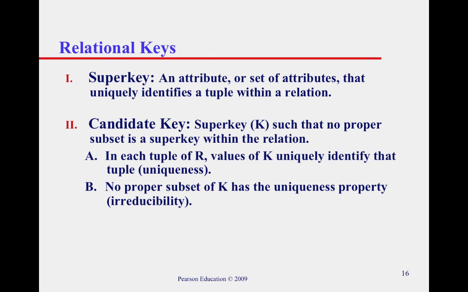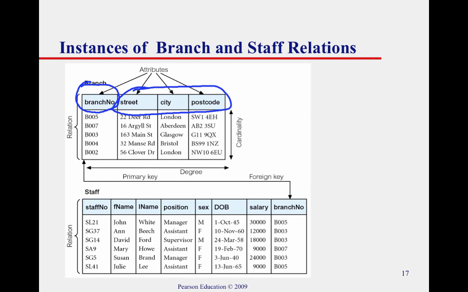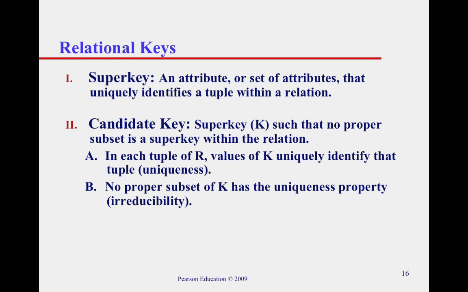Okay, and you might say, well, wait a minute. Branch number is smaller than the other one, right? It's got 1, the other one has 3. But nothing in candidate key says that there can be no candidate key smaller than it. It just says that no proper subset of that candidate key can be a key.